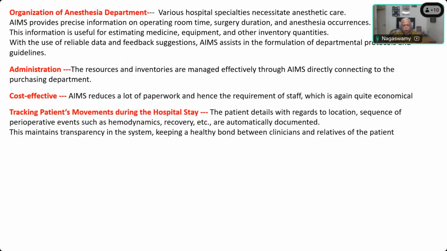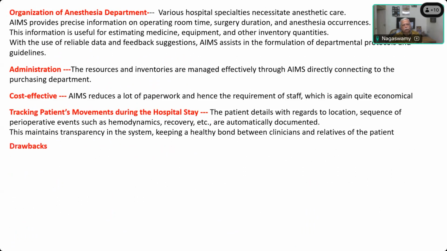At that time, the ward A room which he occupied on admission will not be available, and he will be put in ward B. So for the same patient, you can track where all he has gone by using this anesthesia information management system. Patient details with regard to location, sequence of preoperative events, and hemodynamic recovery are automatically documented. And there is transparency between the clinicians and the relatives of the patient.